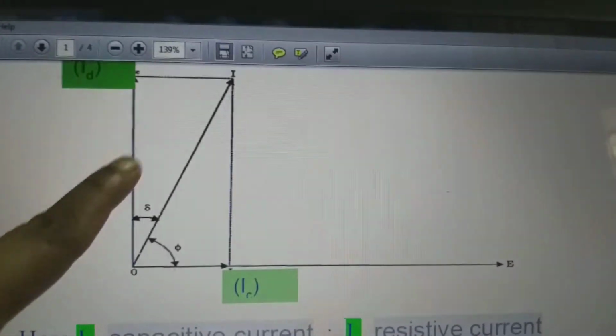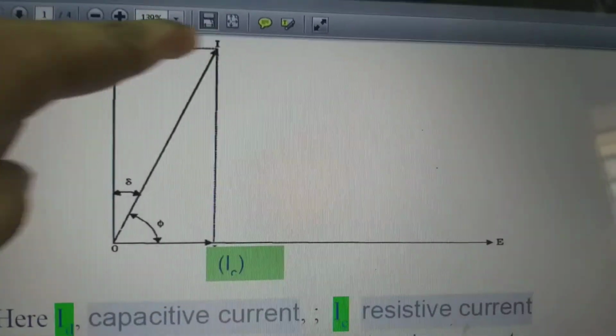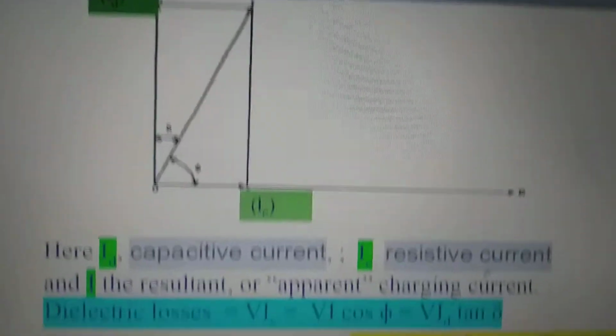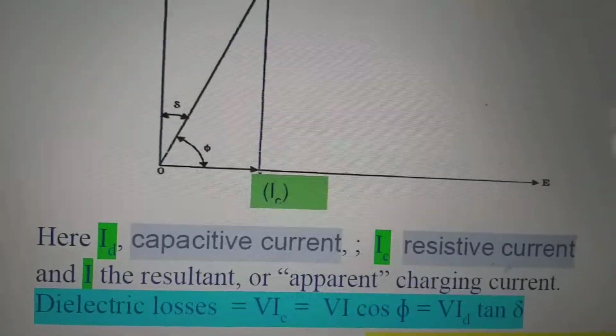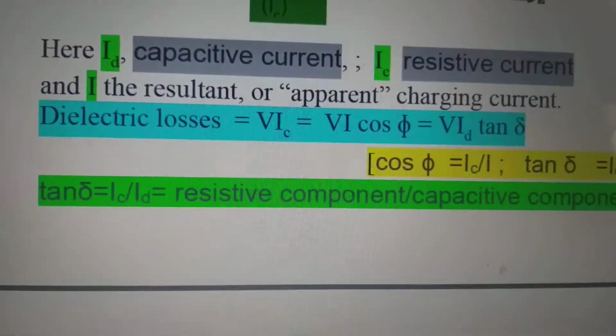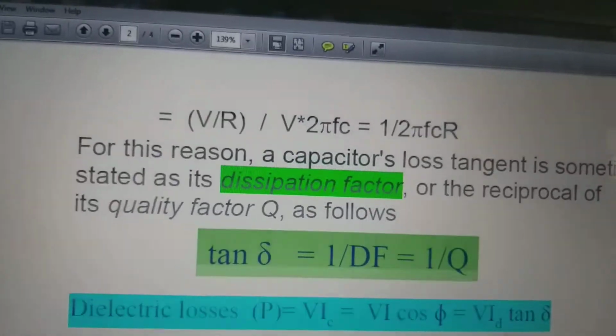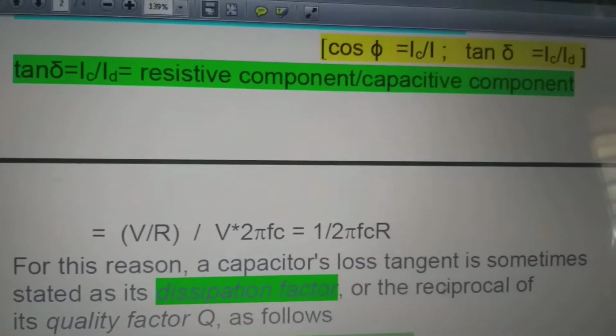In this triangle, tan delta is equal to IC divided by ID. So IC is equal to ID tan delta. So tan delta is equal to IC by ID.